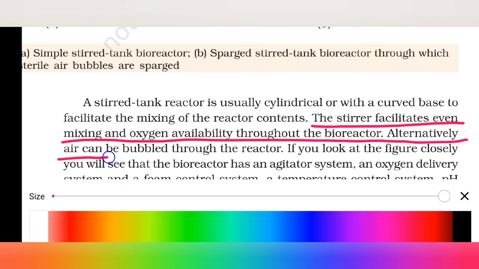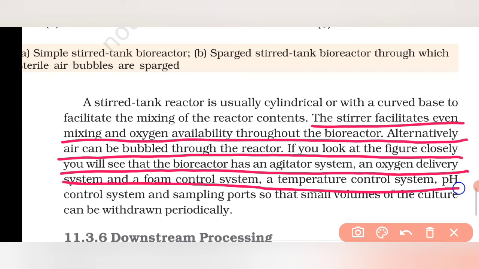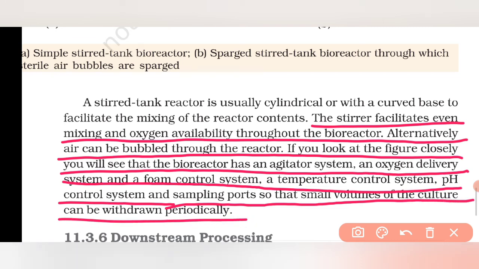Alternatively, air can be bubbled through the reactor, and at the same time, it has agitator system, oxygen delivery system, foam control system, temperature control system, pH control system, as well as sampling ports, so that small quantities of culture can be withdrawn periodically.